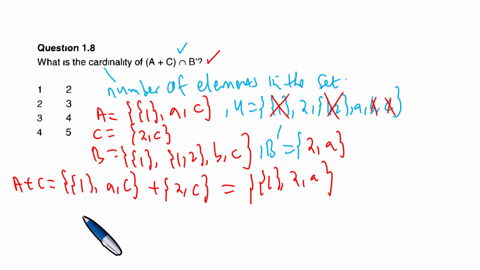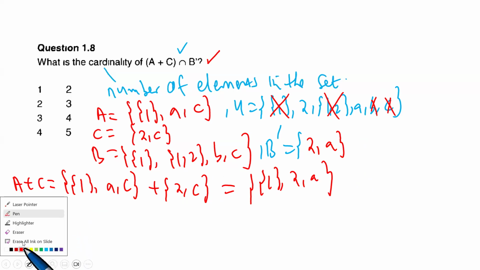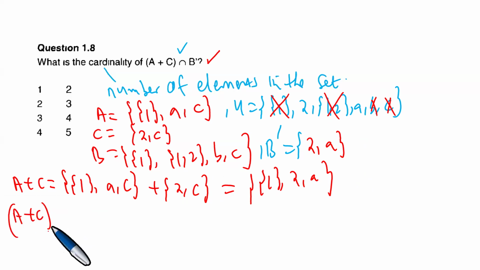Now let us ponder on this and reason this out. So that is the set. If we have A plus C, but we're taking the intersection with B complement, what is A plus C?